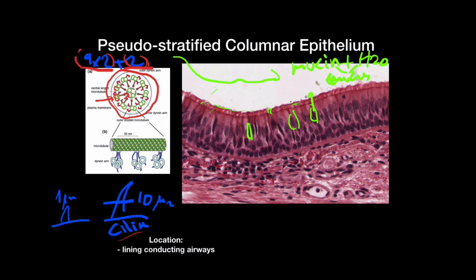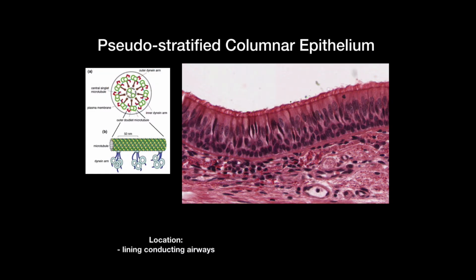Another thing is that when you breathe in something, these cilia are going to catch it, and when they catch something, we start coughing a lot. When we cough, those cilia assist us in removing that thing we just breathed in. It comes out as mucus, and you can either spit it out or swallow it. So that is the pseudo-stratified columnar epithelium.